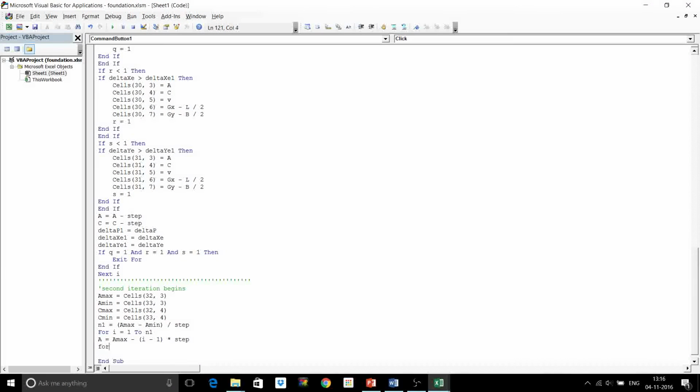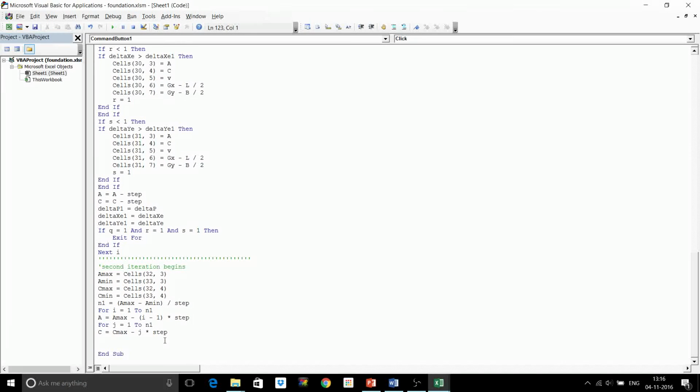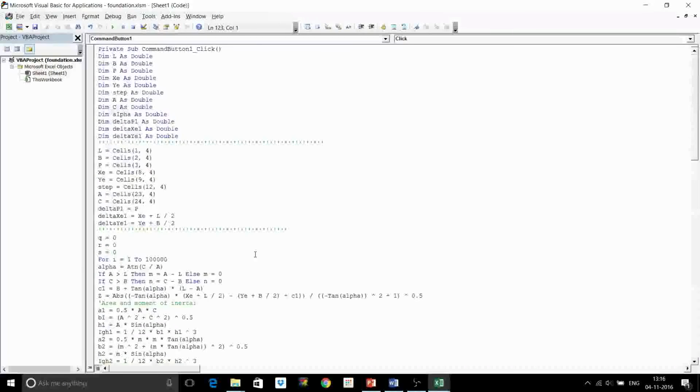Then for J is equal to 1 to N1, C is equal to C max minus J times step, and start our calculation. And here the calculation will be the same.